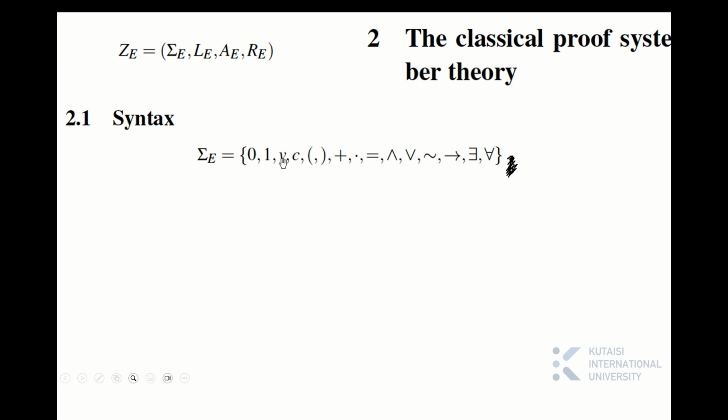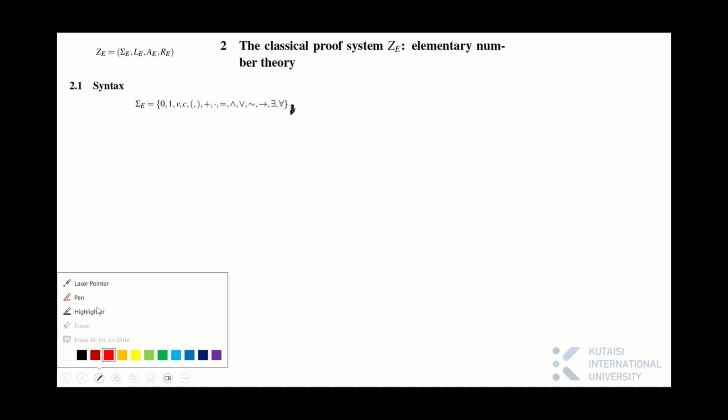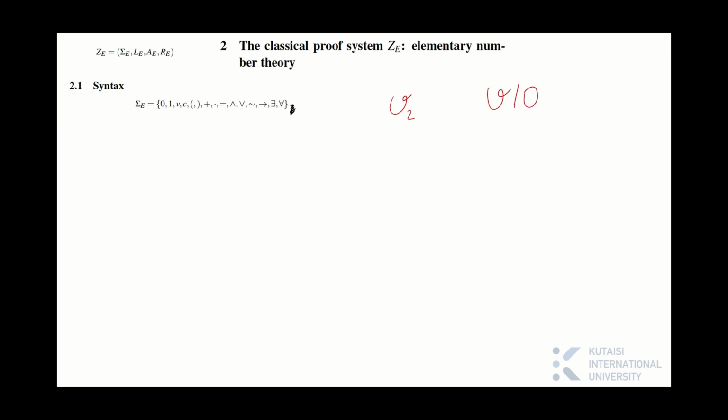V will be used for variables and C's will be used for constants. What I'm aiming at is that instead of writing, maybe, V2, I want to be able to write something like second variable. Like instead of P's, I always write V's.